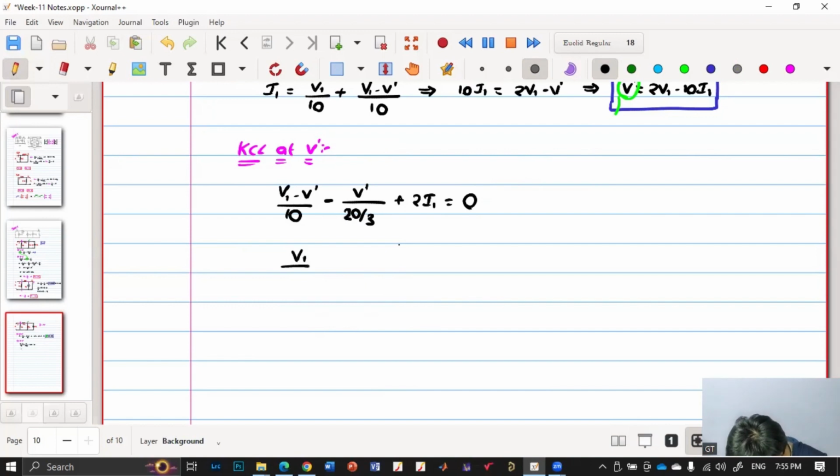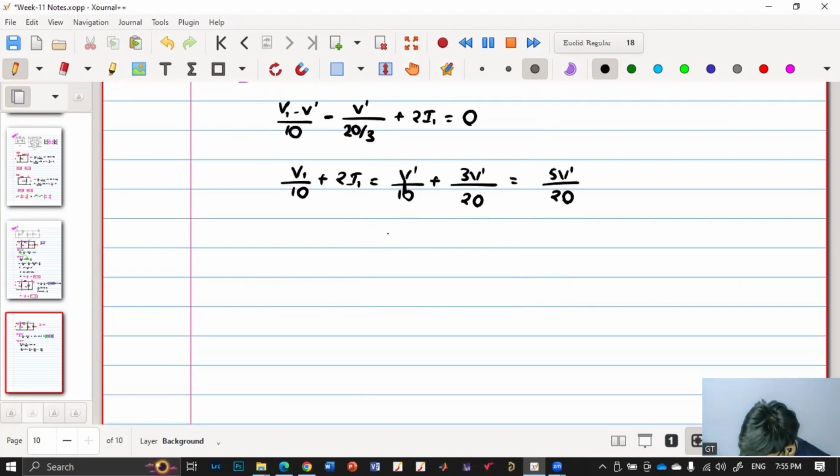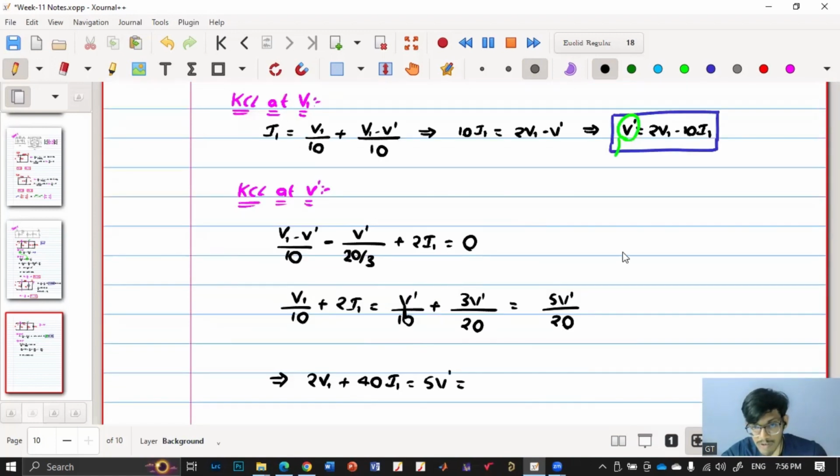So we'll have V1 by 10 plus 2I1 is equals to V dash by 10 plus 3V dash by 20, which is equals to 5V dash by 20, isn't it? Yeah. So now if we multiply by 20 on both the sides, we'll have 2V1 plus 40I1 equals to 5V dash. And what is 5V dash? 5V dash is 10V1 minus 10 tens are 100.